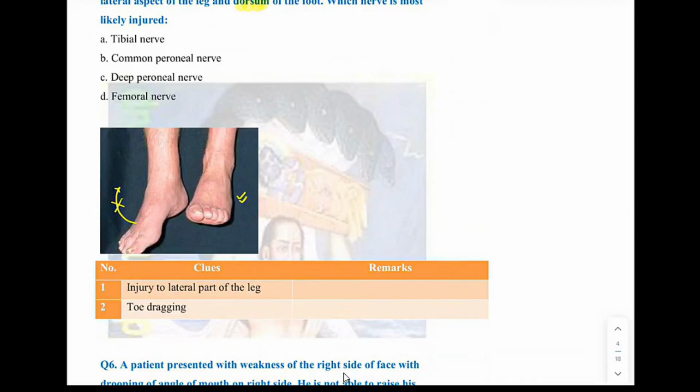So toe dragging means dorsiflexion is absent. Now if dorsiflexion is absent, it means the dorsiflexors are paralyzed.